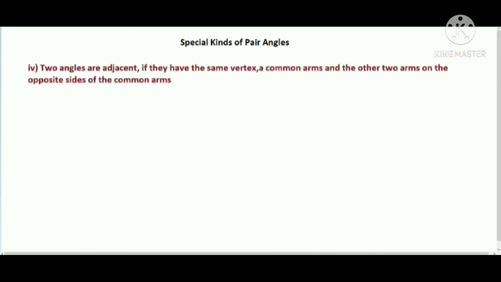Now 4. Two angles are adjacent if they have the same vertex, a common arm, and the other two arms on the opposite side of the common arm. Okay, so this means when two angles are adjacent, you see, suppose this is an angle, so when two lines meet at one point, it will make an angle.